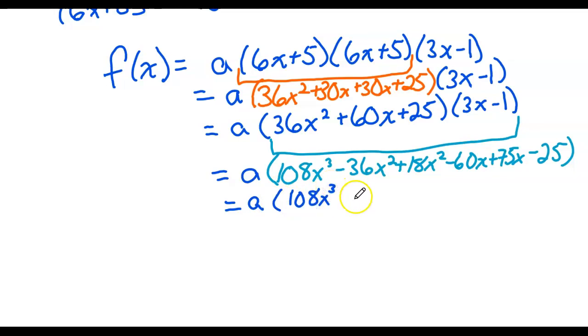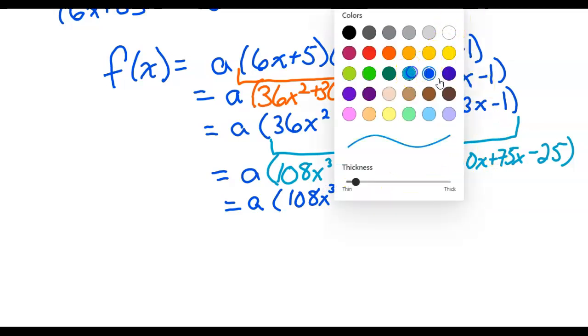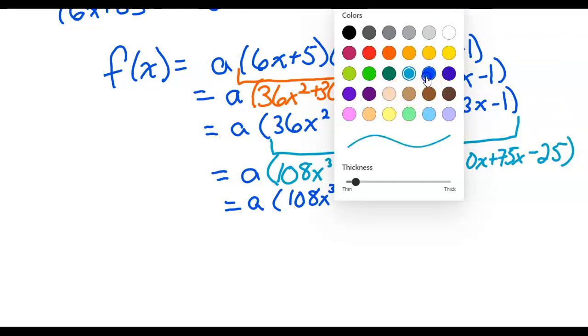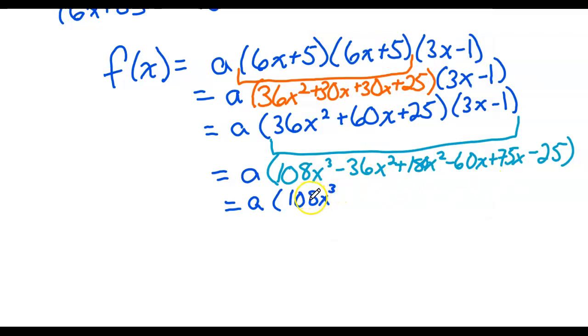So I get 108x to the third, and I apologize, there should be a 180 sitting there instead of just an 18. So that's 108x to the third. Combine these two, I should get a positive 144x squared. Combine these two, I should get a positive 15x minus 25.